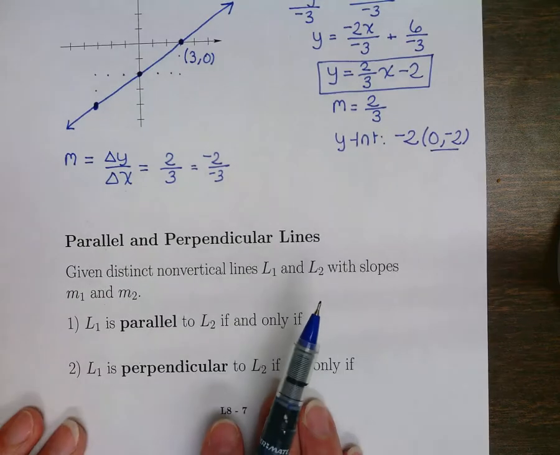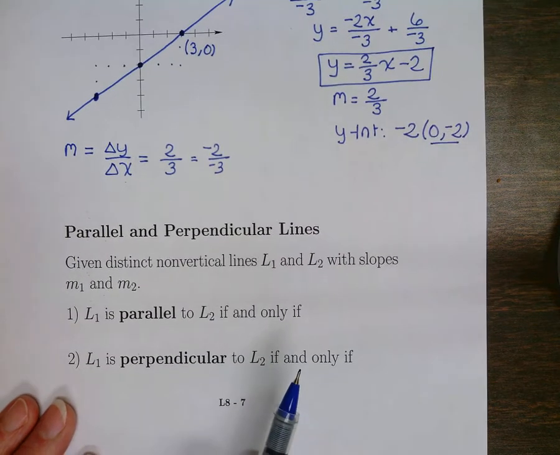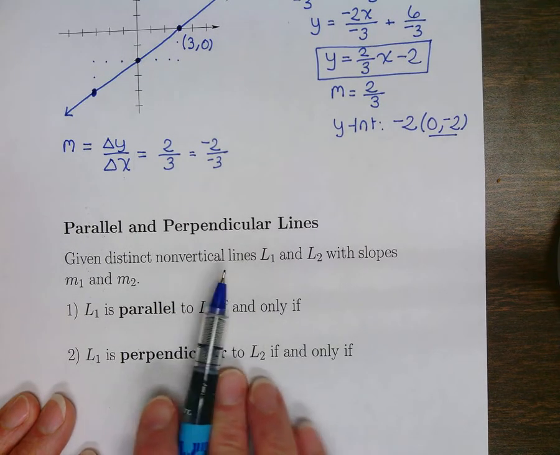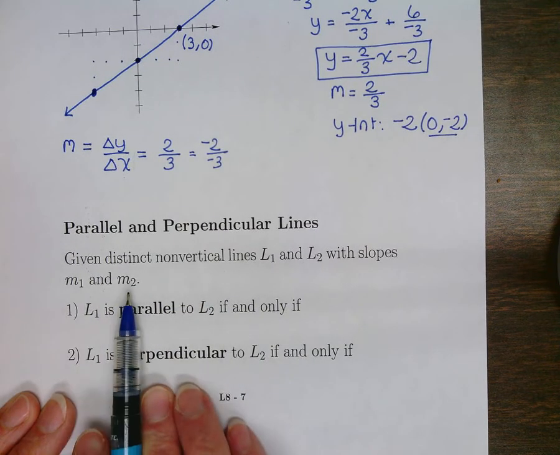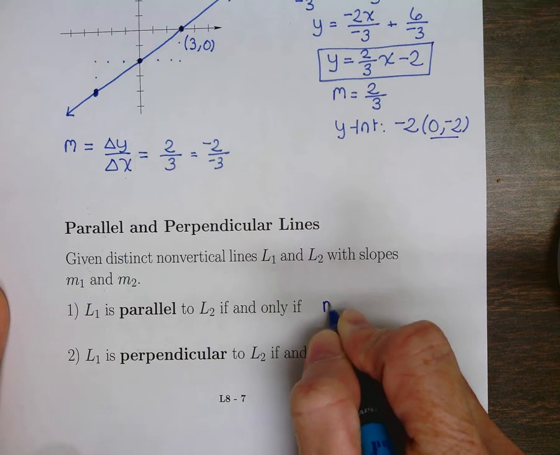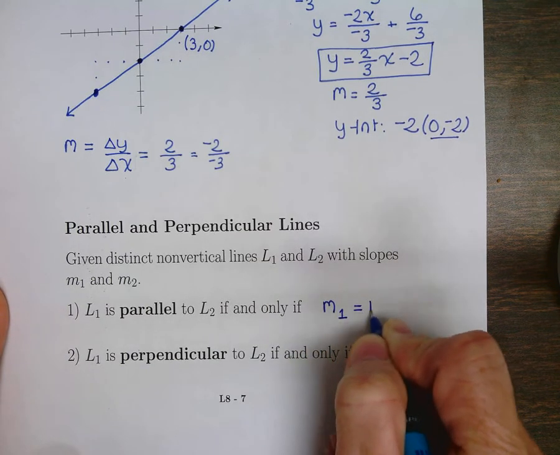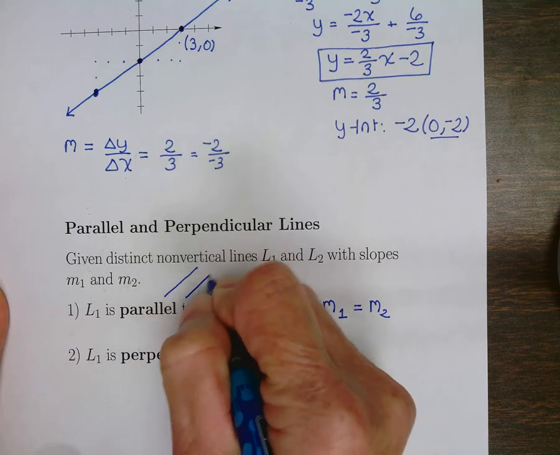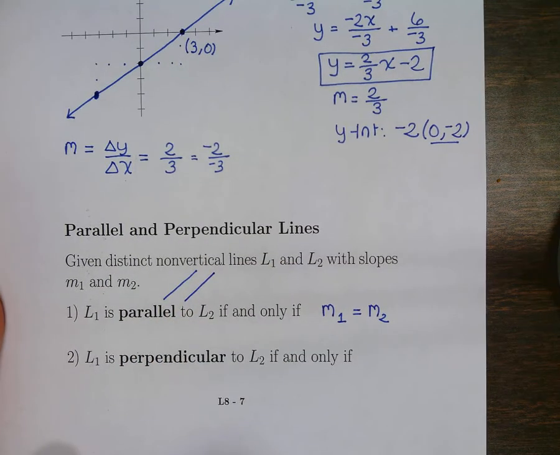Okay, you probably remember this from previous courses. Suppose we have two non-vertical lines and they have slopes m1 and m2. Two lines are parallel if and only if, what's true? The slopes are the same. And that's easy to see just by a picture. If lines are parallel, they're certainly going to have the same slope.